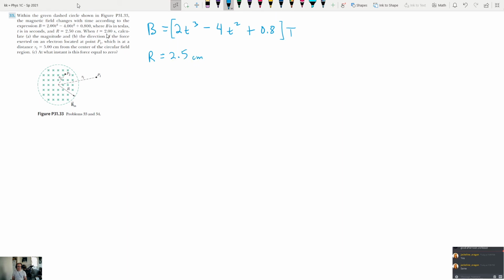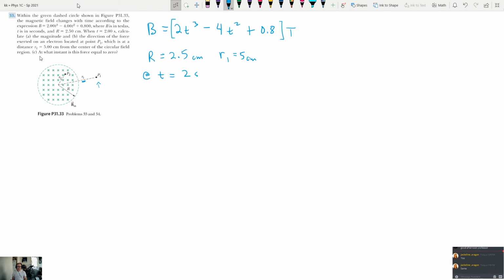It says when t is equal to, so at t equal to 2 seconds, we want to calculate A, the magnitude, and B, the direction of the force exerted on an electron located at point P1 here, which is at a distance of r1 equal to 5 centimeters. So little r1 is 5 cm. This is r1 right here, from the center of the circular field.